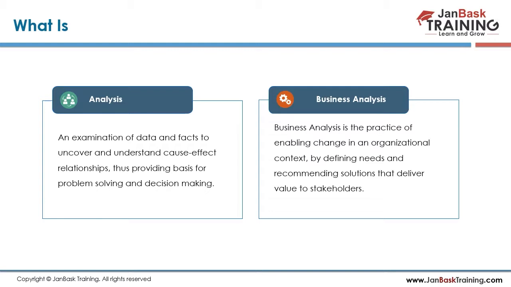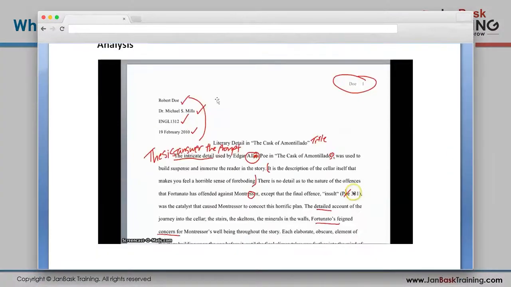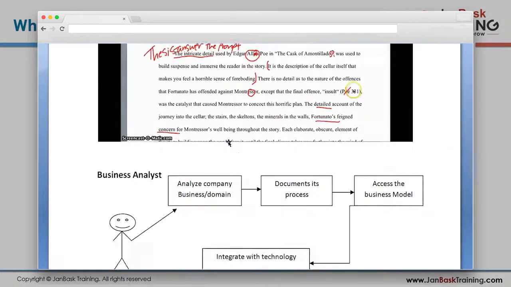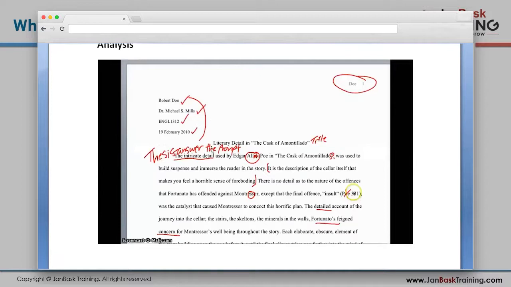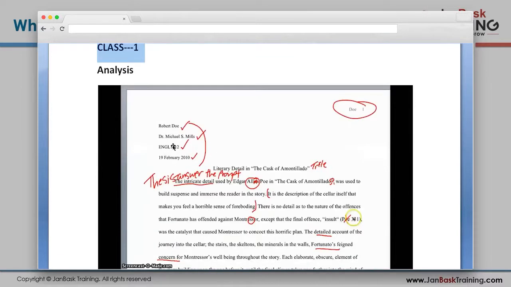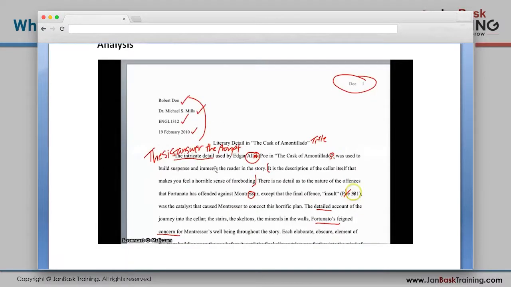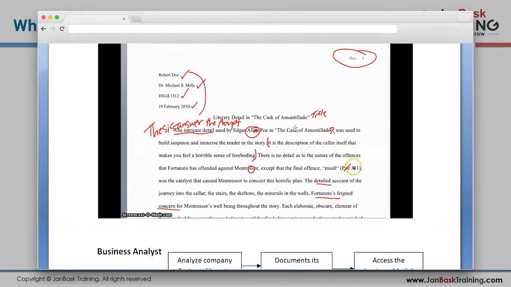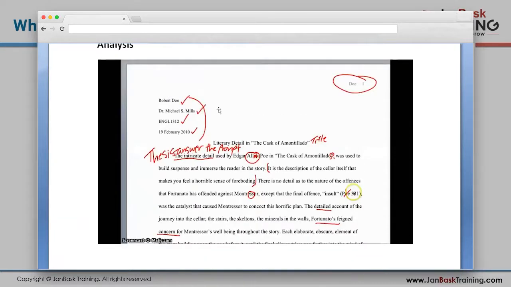Let me help you understand what analysis is. Suppose you have this doc over there. That's a Word doc. Before we do that, just one more thing I want to add: I will be using certain examples like this so that I can better help you understand. They're going to be basic day-to-day activities and use cases, so that you can better understand what we mean by analysis. So consider this as an email or a letter that's been written by some Robert Doe.